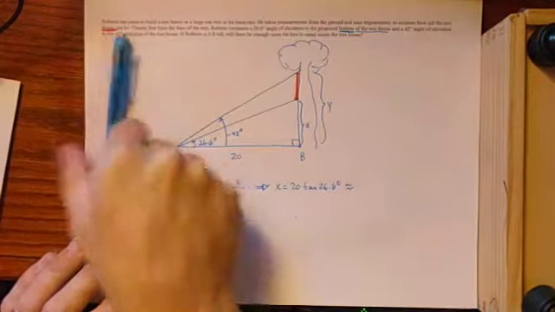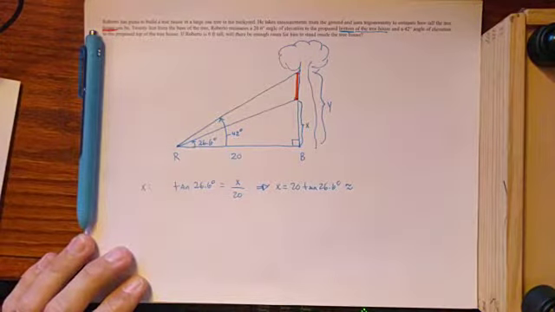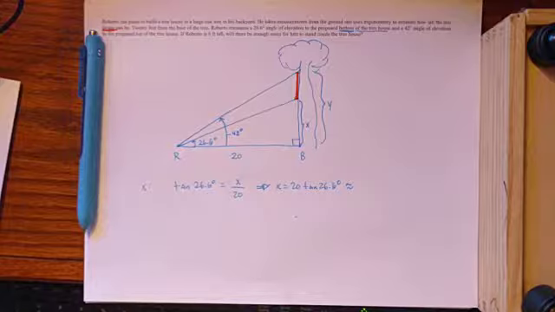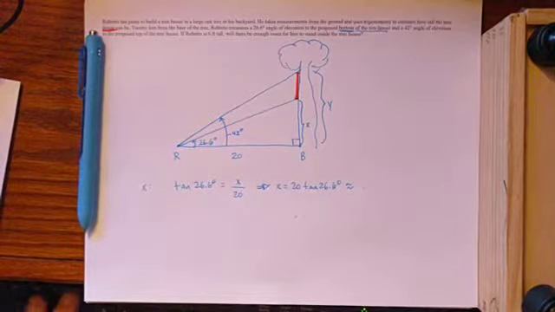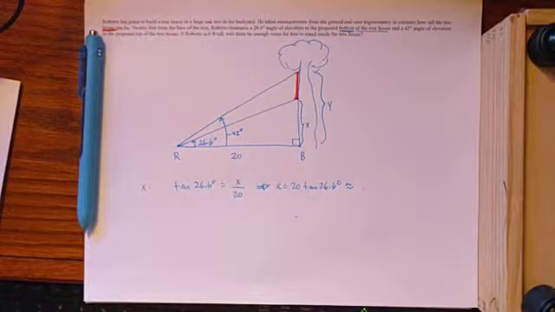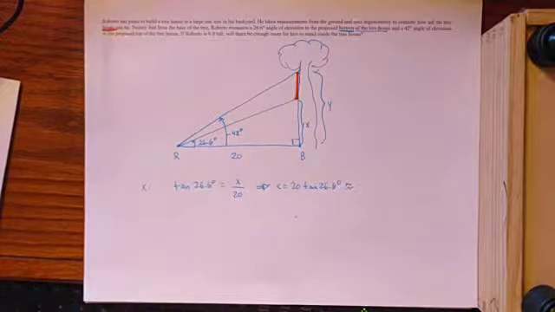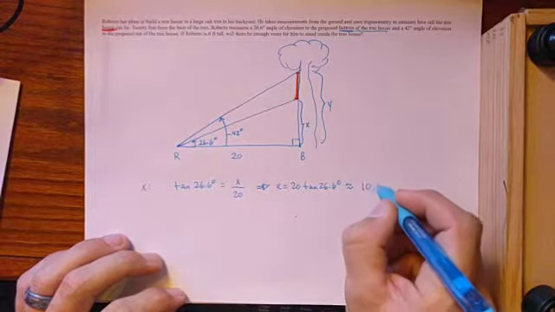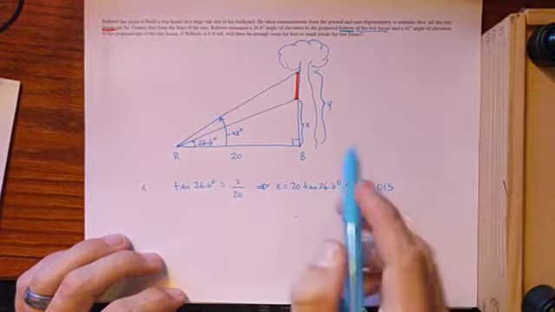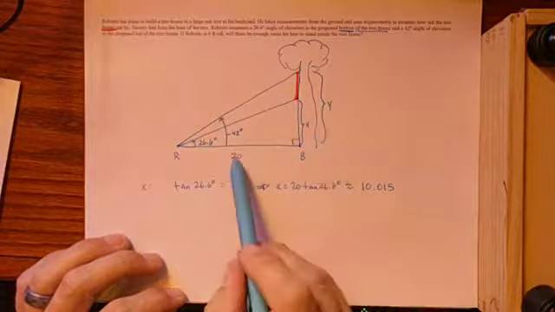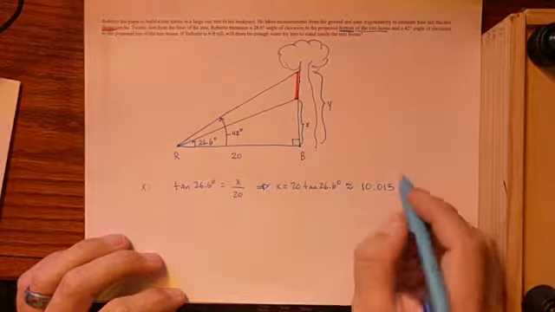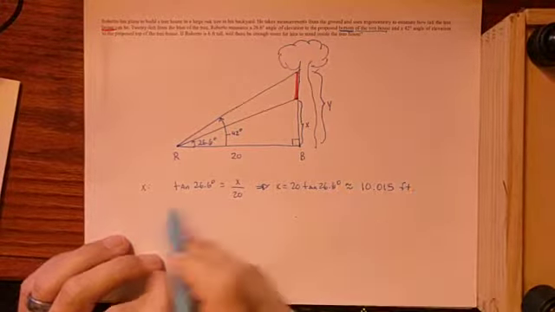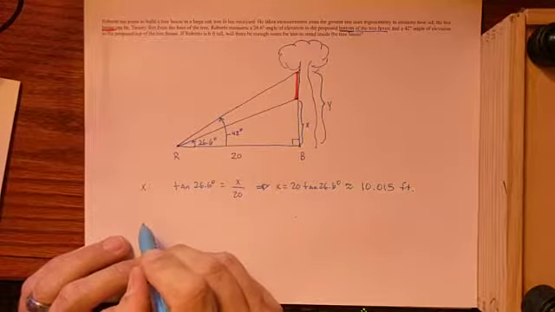I'll round off a little bit, but I'm going to use my calculator to figure that out. Okay, so that turns out to be 10.015, good enough. And it looks like feet, because this is 20 feet, so these other lengths should be in feet. Okay, so that's what X is.